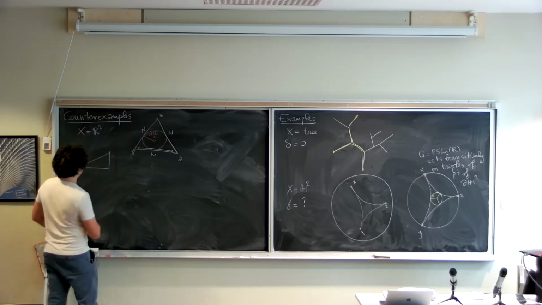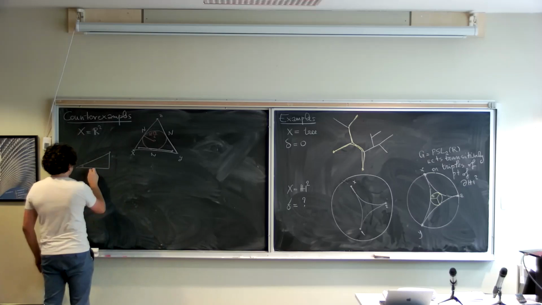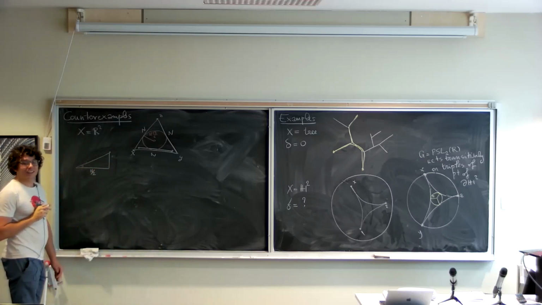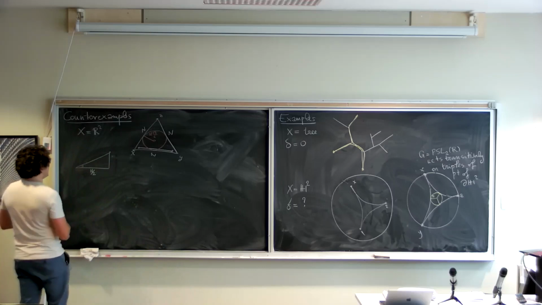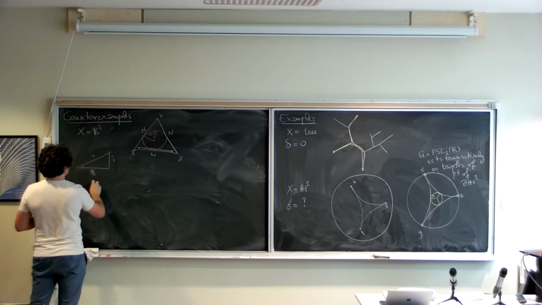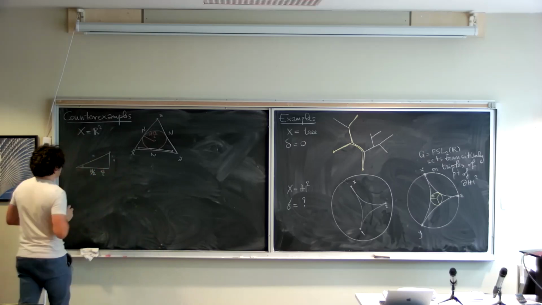So this is n over 2. Okay, right? So what? The triangle is 1, 2, square root of 3 over 2.